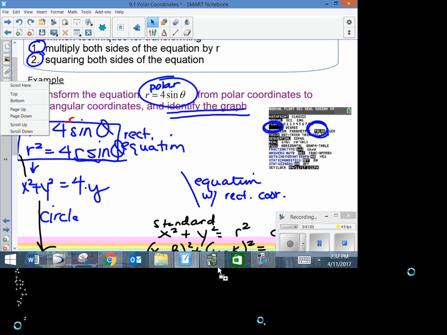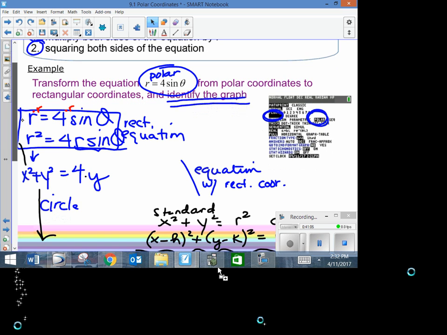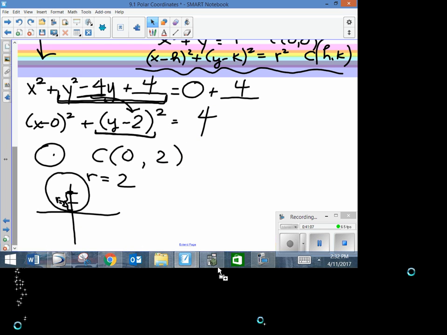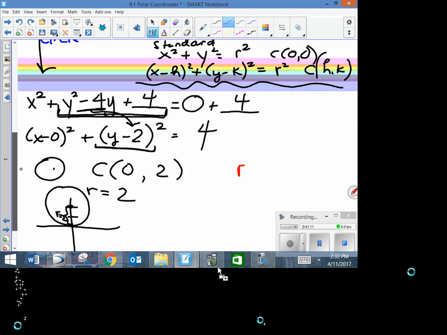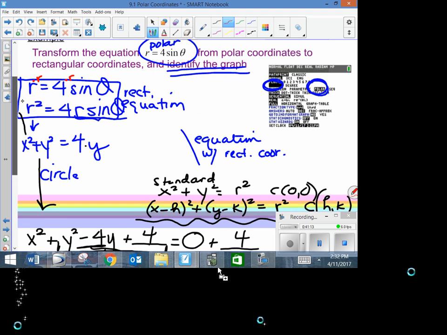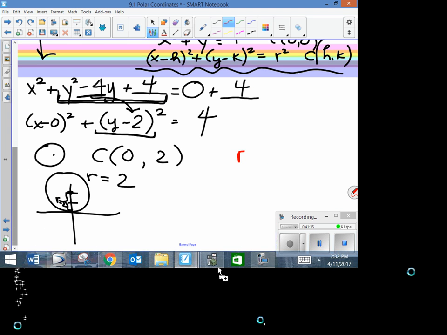Okay, squaring both sides. I just started with number 1. Let's see what happens with number 2. Step 2 said we were at r equals 4 sine theta. We can do anything we want as long as we do it to both sides, right? Okay, so r squared is good.